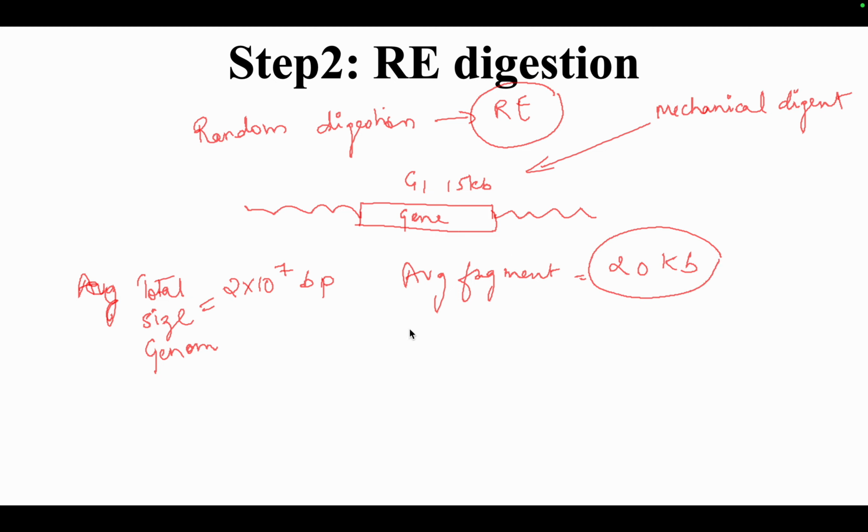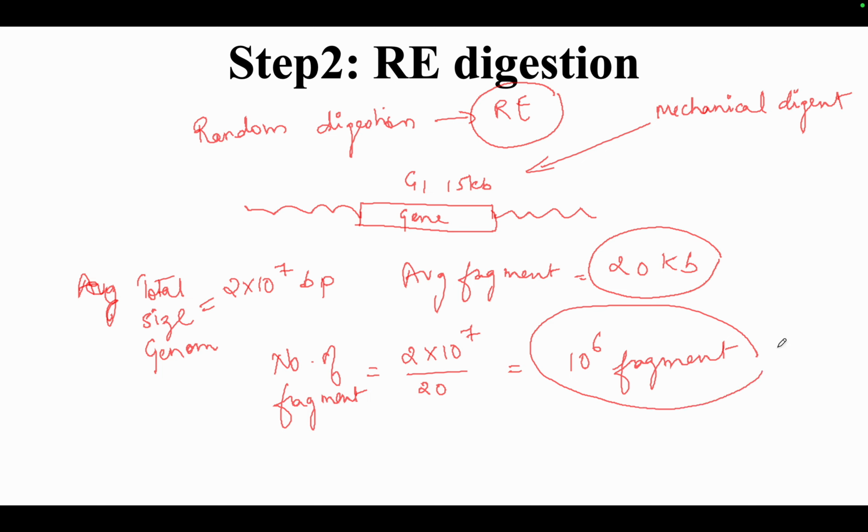So how many fragments will we get? We'll get 2 x 10^7 divided by 20. This is the average number of fragments that we'll get after doing RE digestion. This is around 10^6, so we'll get 10^6 fragments. This is an approximation that we use.